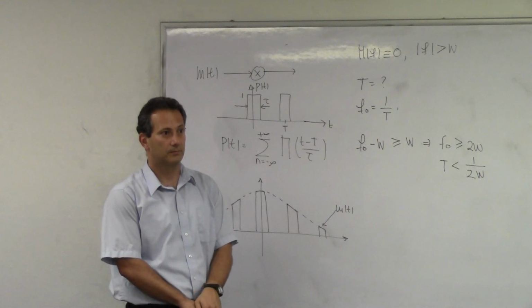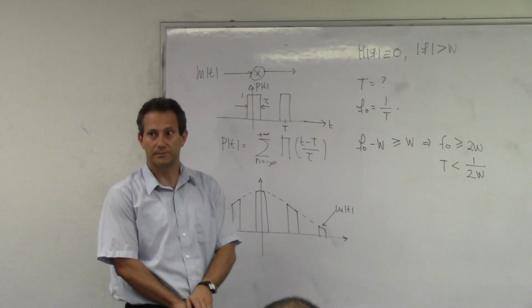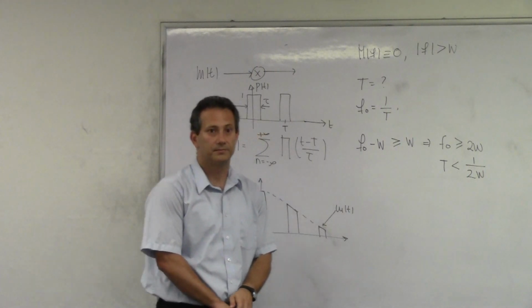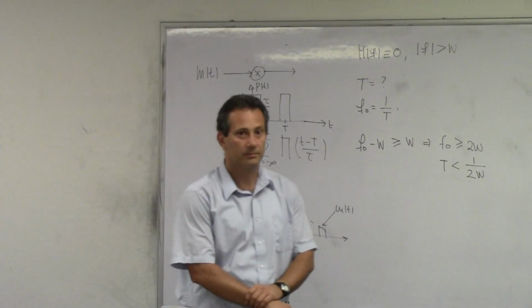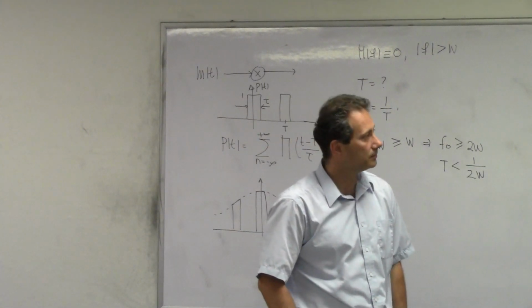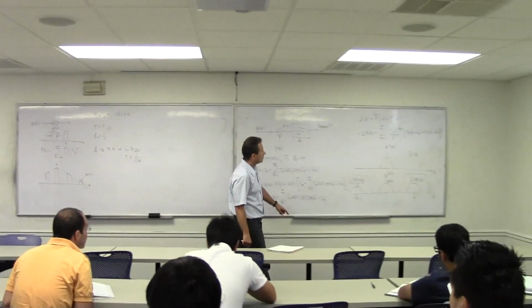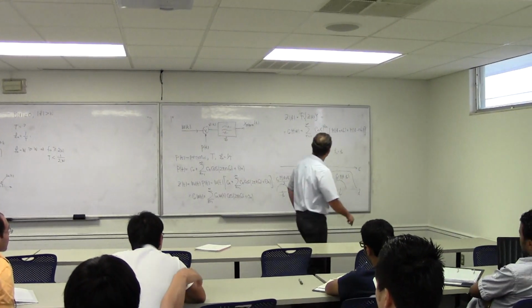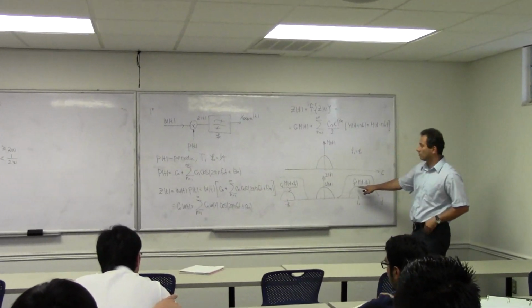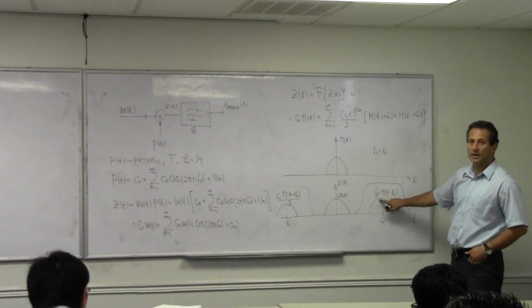Okay? Any questions? Go ahead. If you like something like this, C of f, the magnitude should be C1 over 4. Where? C1 over 4? Why?